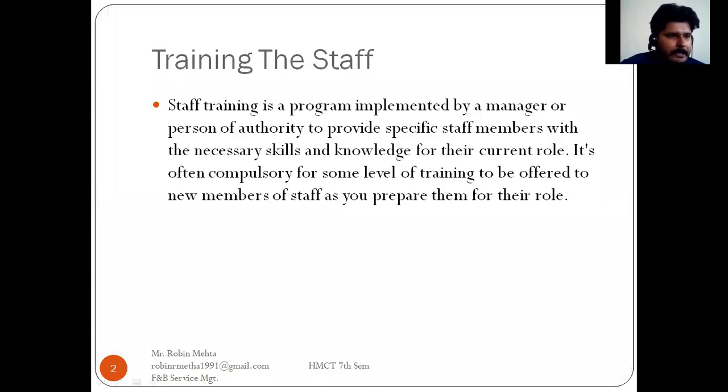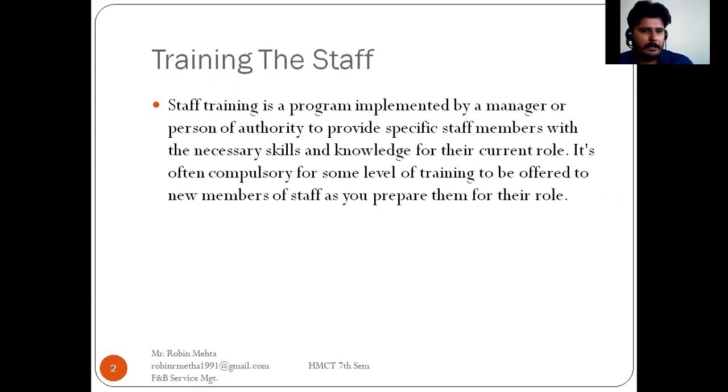Training the staff. Staff training is a program implemented by a manager or a person of authority to provide specific staff members with the necessary skills and knowledge for their current role. Whatever employee comes into our hotel or industry, we first give them training to cope with the role we are giving them.